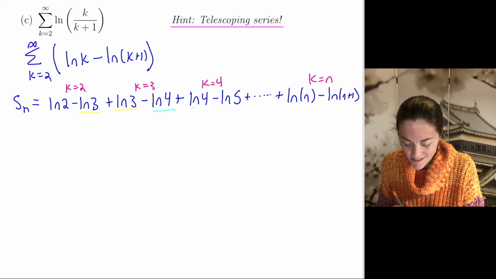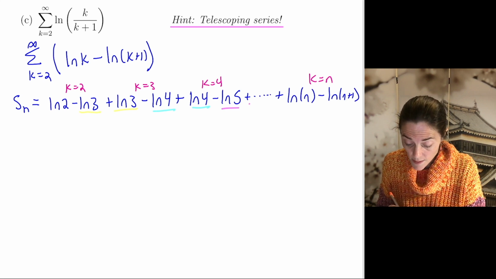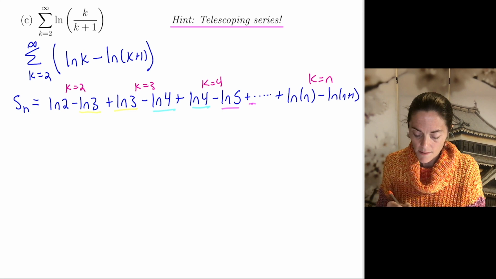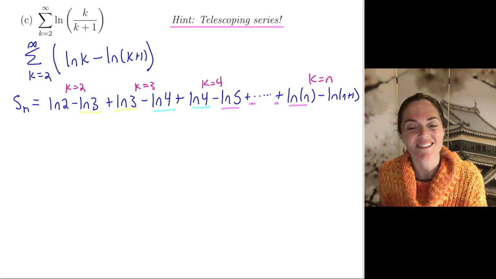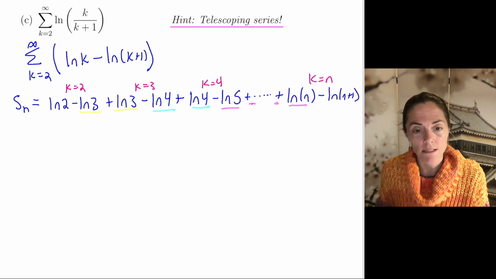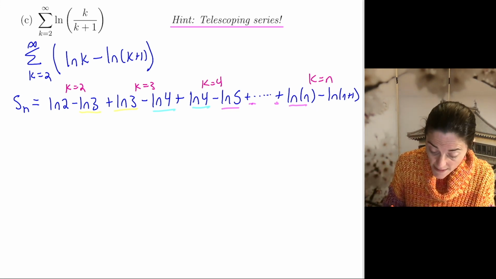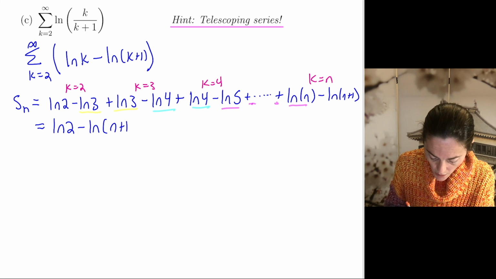These two add to 0. This one with something here will add to 0, and the natural log, this one with something before, will add to 0. And so all of these in the middle are adding to 0. And we have Sn is just ln 2 minus ln of n plus 1.